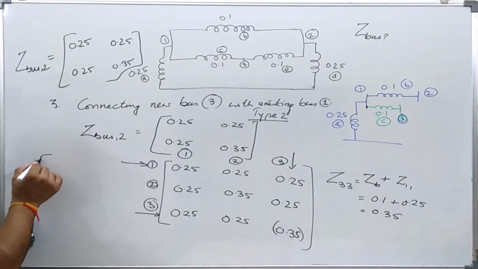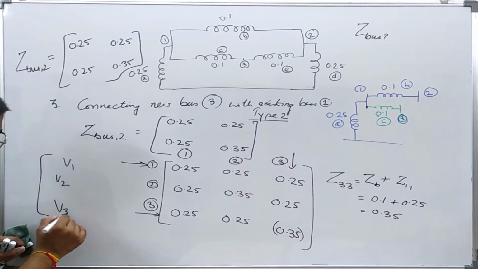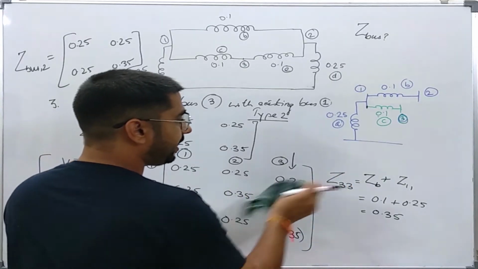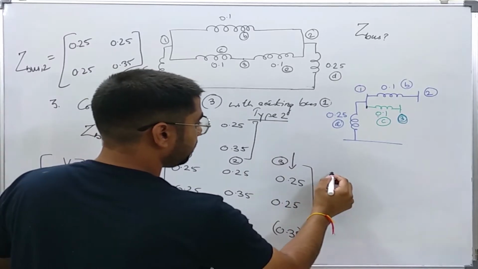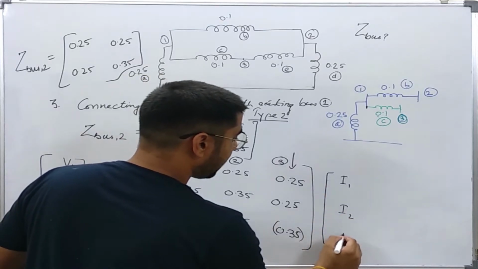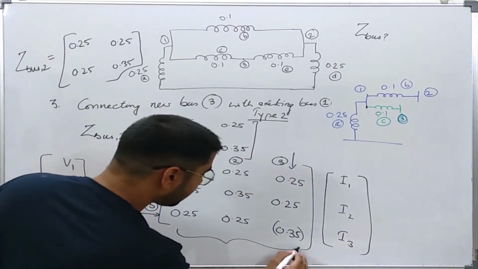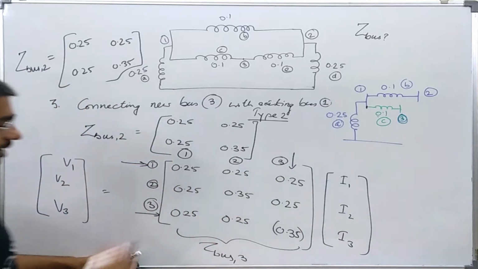So the equation will become like this: V1, V2, V3 is equal to, let me erase this, I1, I2, I3, and let me write this matrix as Z bus coming out of step number 3.